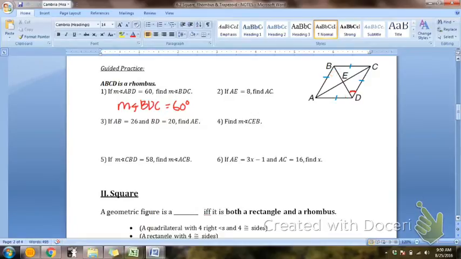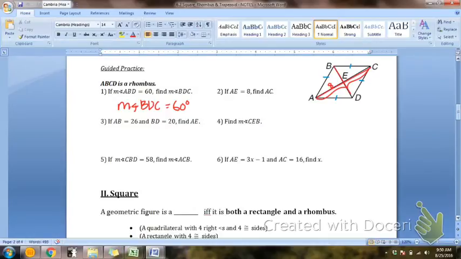Okay? Next question says, if AE is 8, find AC. So I need to find this whole thing. Well, in a rhombus, what do we know about the diagonals? The diagonals themselves, AC is not the same as BD, right?